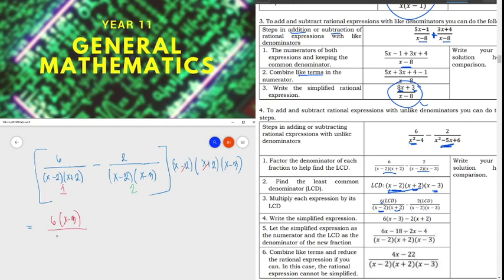It's already cancelled, so we don't copy the denominator. Next, let's go to green. So we have here x minus 2, then x minus 3. So we are left with x plus 2, so minus 2 times x plus 2. Okay, then let's go back to black. Then we answered 6x minus 18.